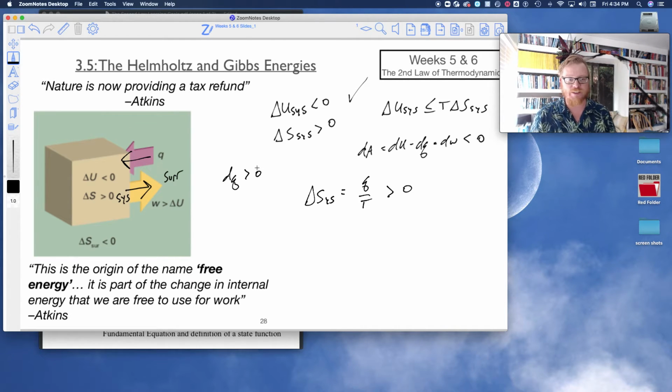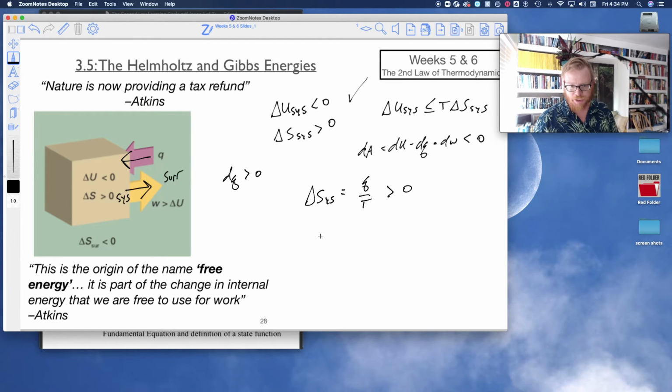And even though this seems a bit paradoxical, the way that we can describe this is nature is now providing a tax refund. And that tax refund is the free energy. It's the change in internal energy that we are free to use as work. Okay?